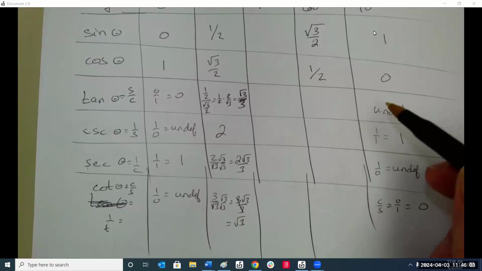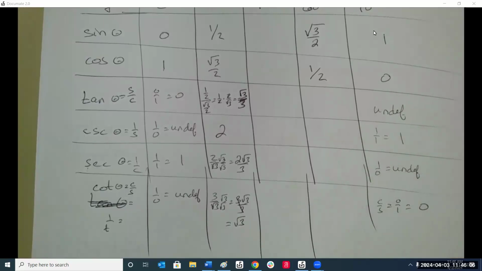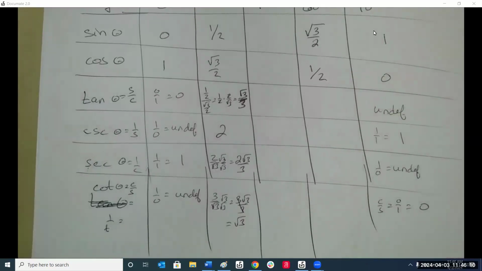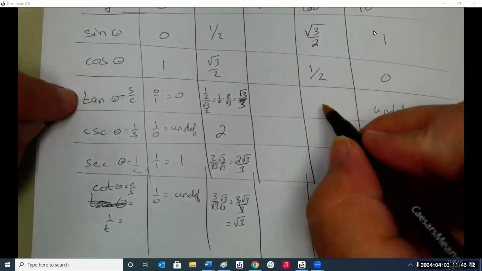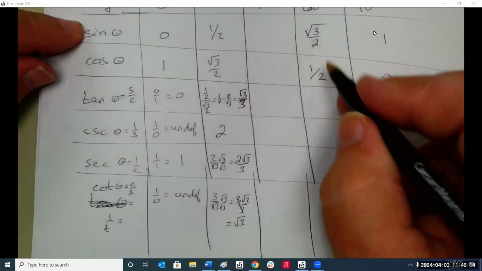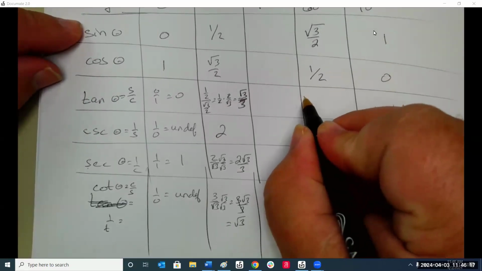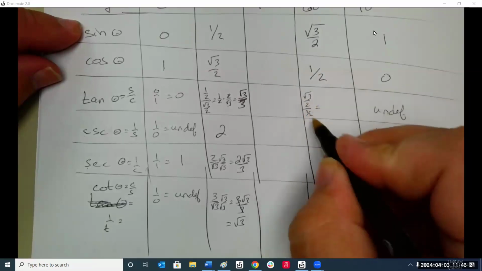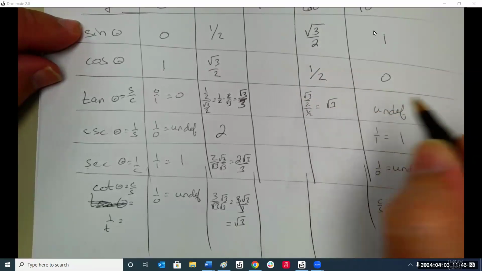Let's do 60 degrees now, the same way. Tangent at 60. Sine over cosine, so it's radical 3 over 2 divided by 1/2. Flip them, we get radical 3.